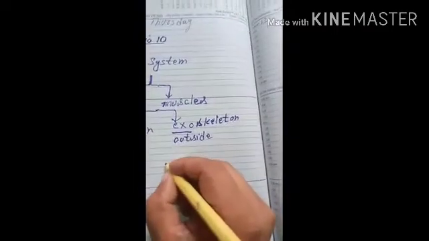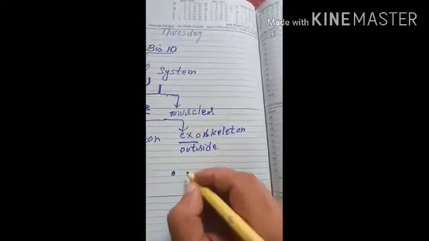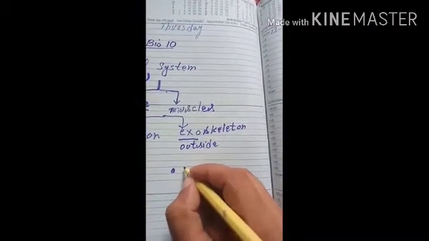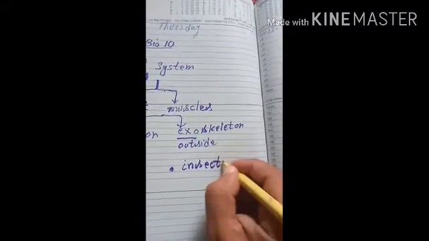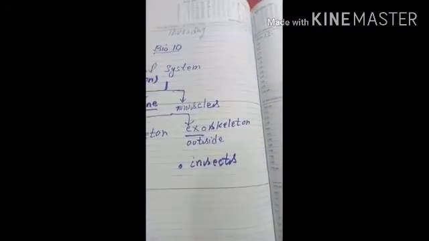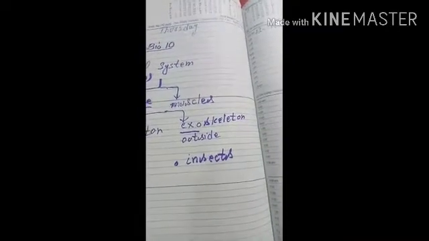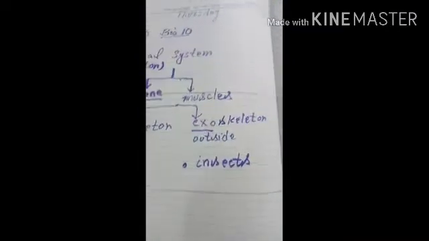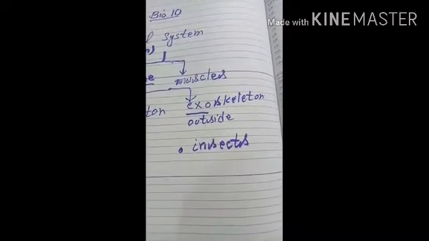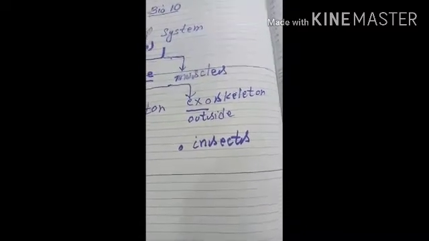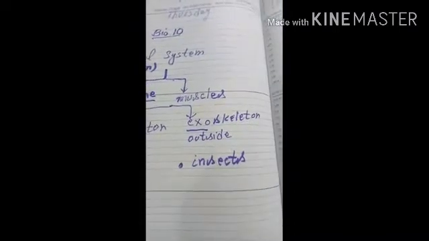Many animals have exoskeletons, for example insects. Insects are a special type of arthropods which have jointed legs and a covering which functions as an exoskeleton.